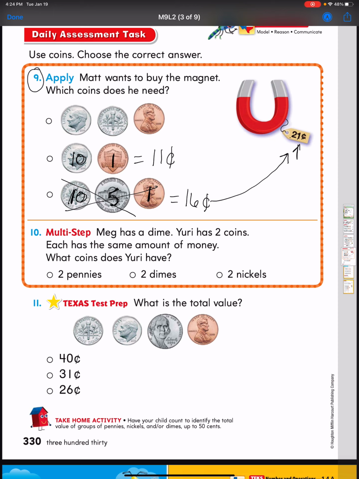This is worth 11 cents. It does not match. And this dime is worth 10. This penny is worth 1. So I have 10, 21. I have 21 cents here. This is the correct answer.